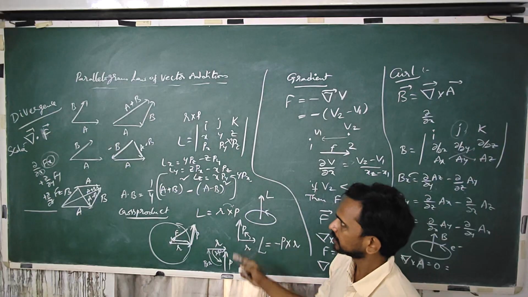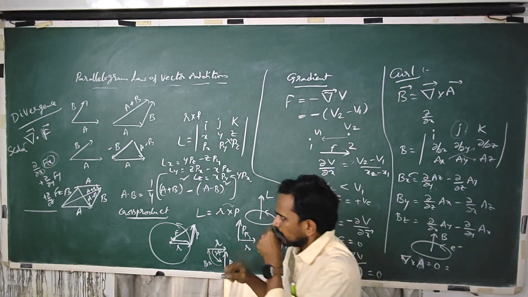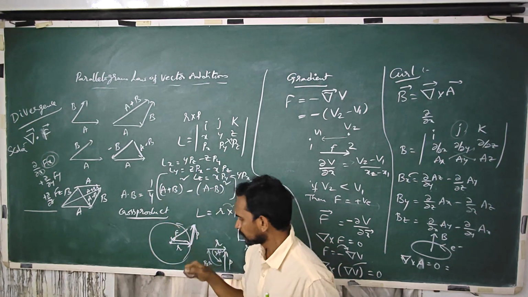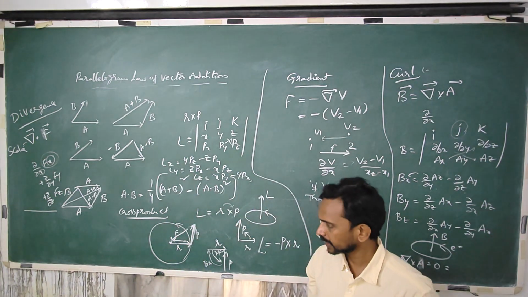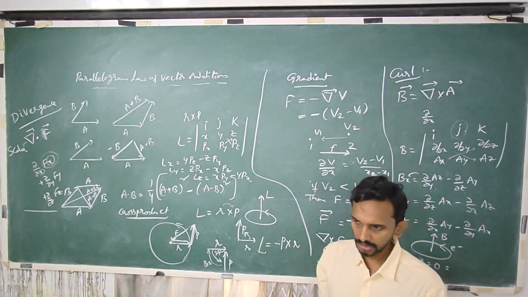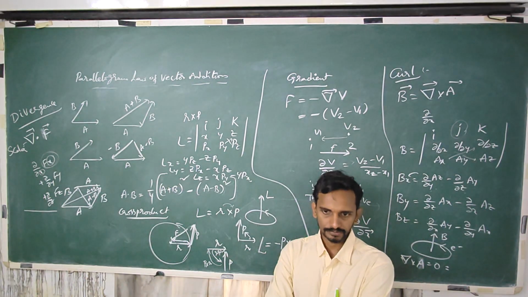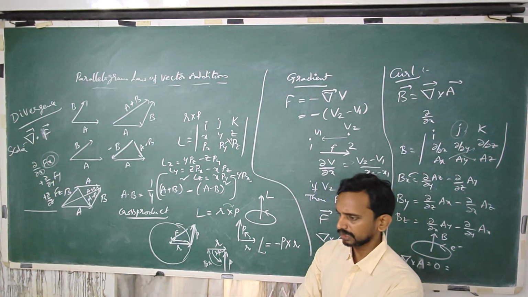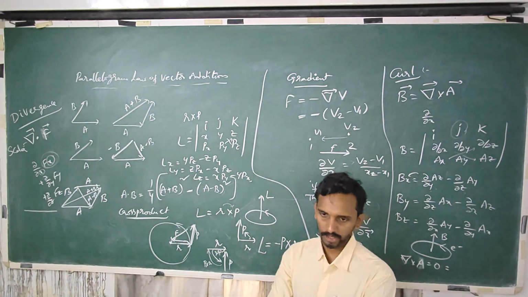And here, for the calculation of cross product, we are using right hand thumb rule. We can also use left hand thumb rule. Both are possible, both are allowed, but we have to follow any one convention.